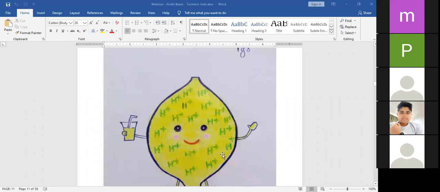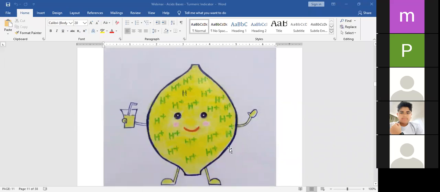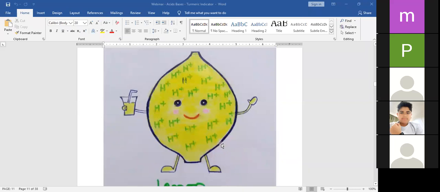And lemon itself has some water content in it. And that's why when turmeric comes in contact with the acid, it's not going to react with the acid. Instead, it's just going to sense the H plus ions. And when it senses those H plus ions, the turmeric remains yellow. And that's why, with lemon, the color of turmeric was still yellow itself. It did not change color.